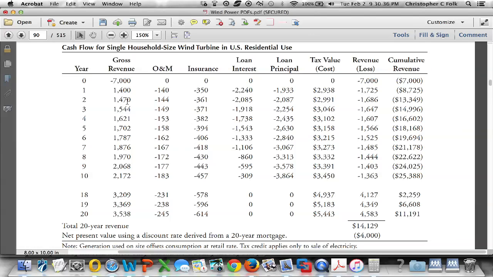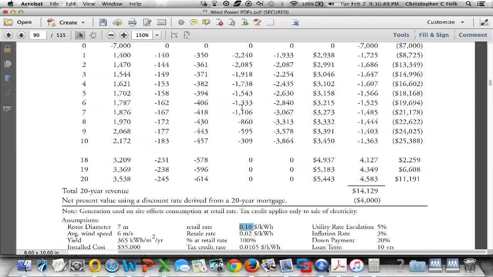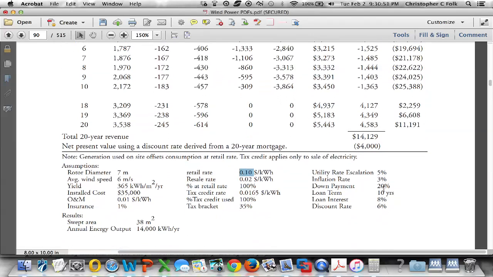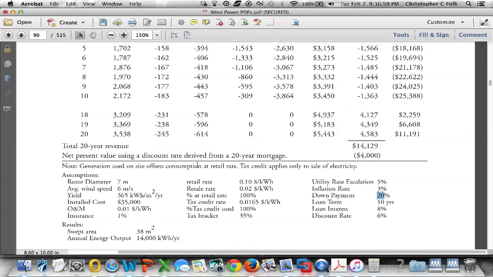Well, the second year electricity is a little more expensive, the third year a little more expensive, and it just continues rising. Will it rise at this rate? Who knows? At any rate, if we look closely, we can see that the person put 20% down on this turbine, which means they borrowed the rest of it. So they borrowed 80%, and they're going to have a monthly bill.